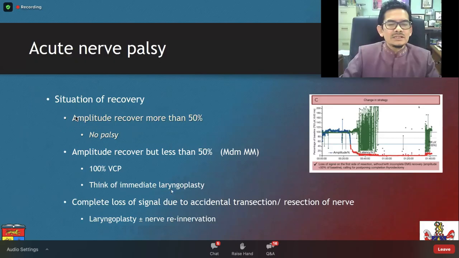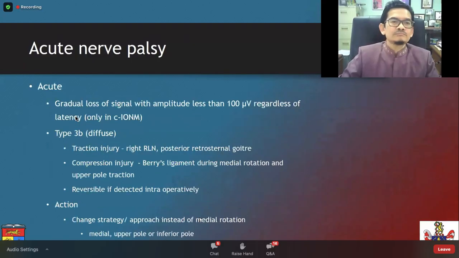So you should start thinking of immediate staged thyroidectomy, provided your opposite side is working or the nerve is fine on the opposite side. If you have a complete loss of the signal due to transection, you know that you have already transected, then you might as well push on to the radiography and then the nerve immobilization.